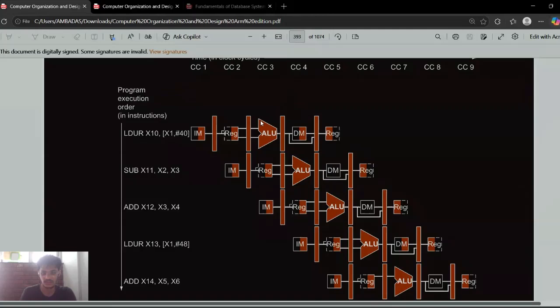Then those results we are gonna forward. Whatever result we get, we're gonna forward it in this EX/MEM stage. These are nothing but the pipeline registers.